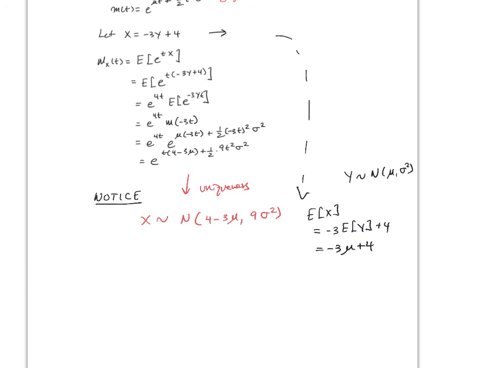And also, the variance of X is going to be 9 times the variance of Y. Same formula we have used like 400 times now, so it will be 9 sigma squared. So there should be no surprise that this is the case. So this is another way to corroborate this. Okay.